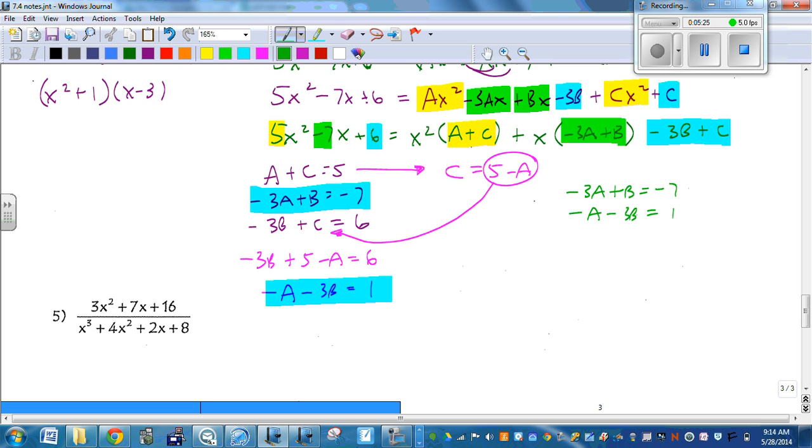I'm going to go ahead and multiply this first equation by 3 on both sides to get the b's to be opposites. And then we can add those two equations. We get negative 10a equals negative 20. Divide, and we get a equals 2.